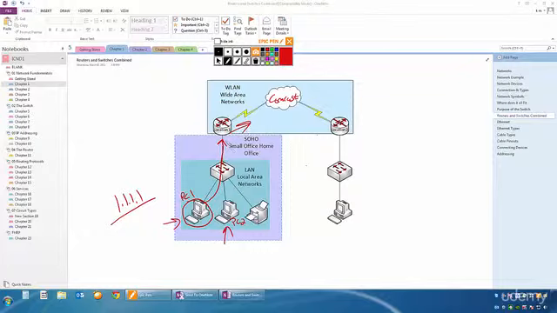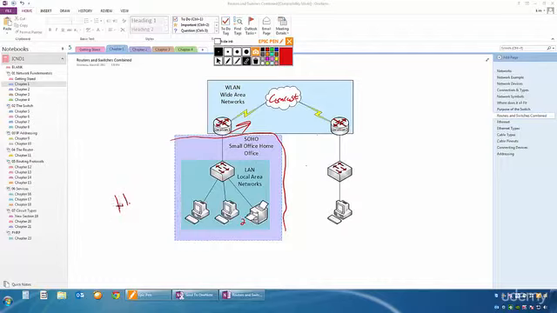So all this stuff sitting at this router and below is called a small office home office. Now, as a network engineer, most likely you will never set one of these up.